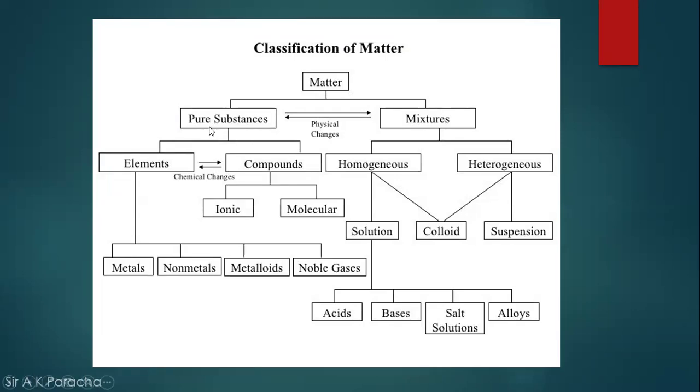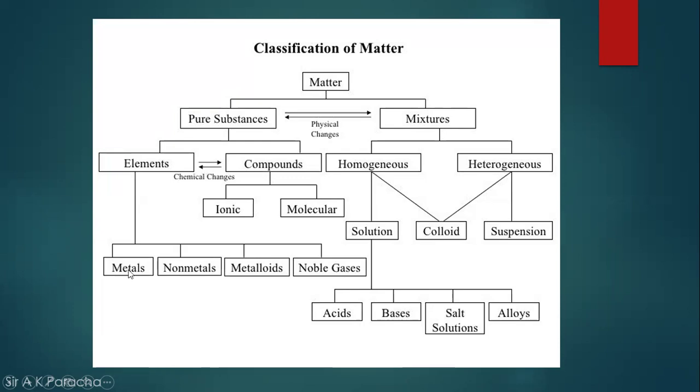The next thing is pure substance. Pure substances can be elements or compounds. Elements can change into compounds by chemically reacting with other elements or compounds. We can classify elements into metals, non-metals, metalloids, and noble gases.